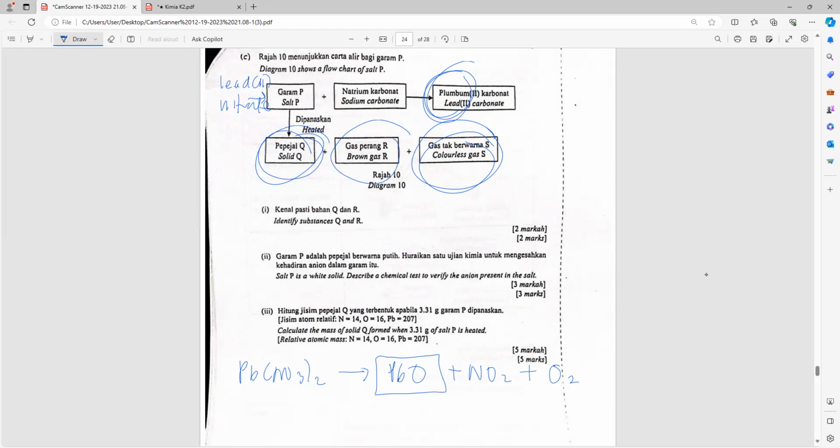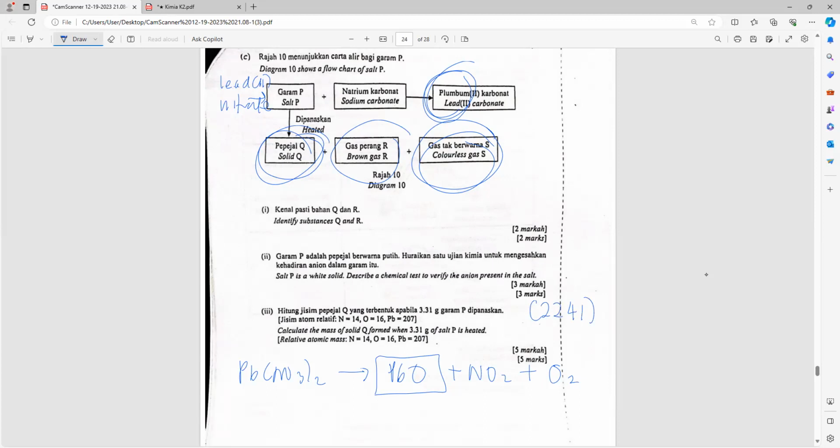So what I told you all how to balance this, I've given you a formula to balance this. So you need to remember 2, 2, 4, 1.